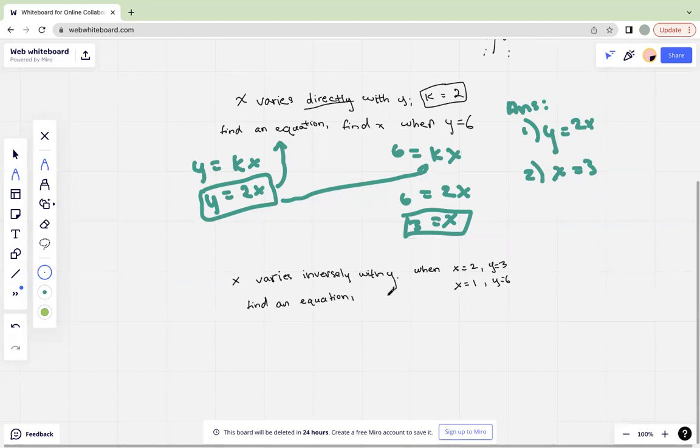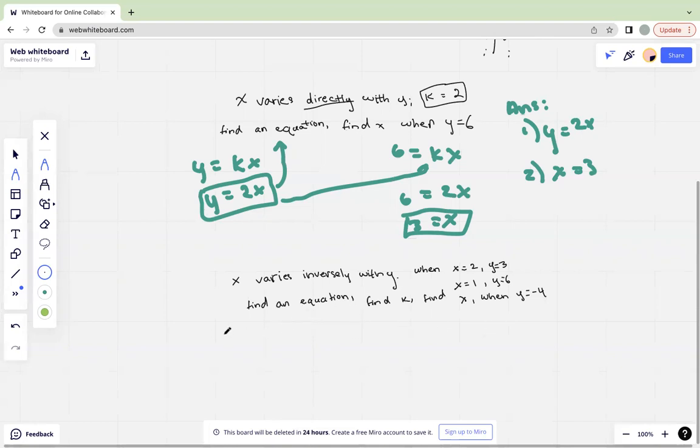And then it's going to be find the constant of proportionality, obviously, and then it's going to be find the value of x when, say, let's make this fun, y is equal to -4. Okay. So first, let's find our equation, right?